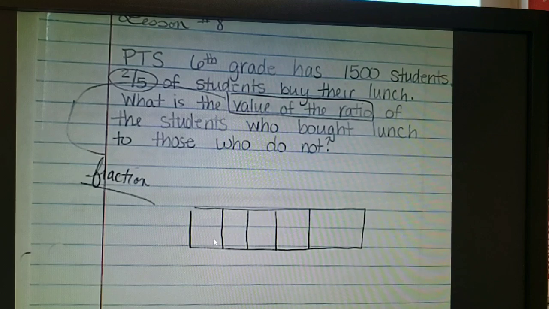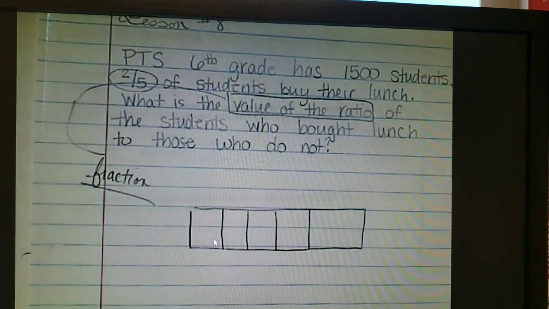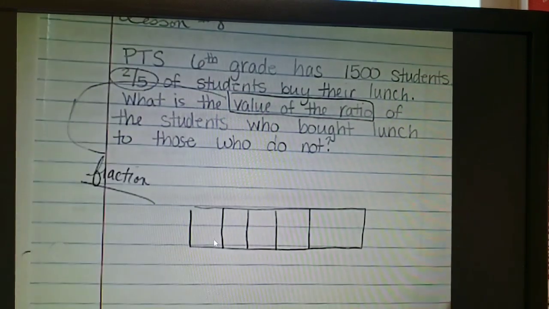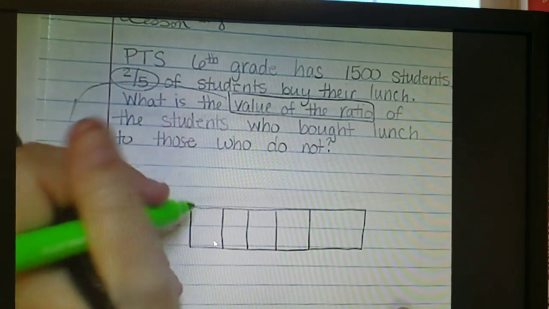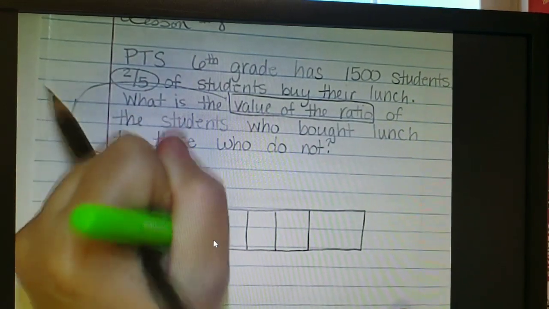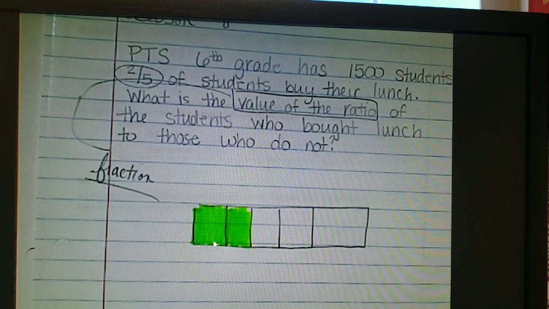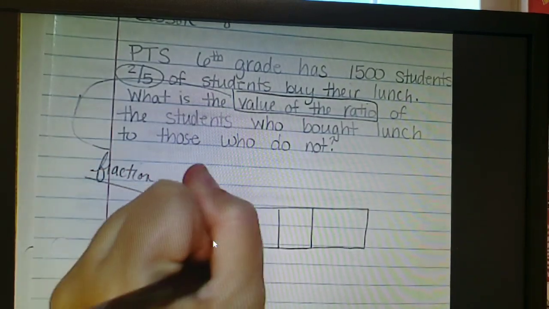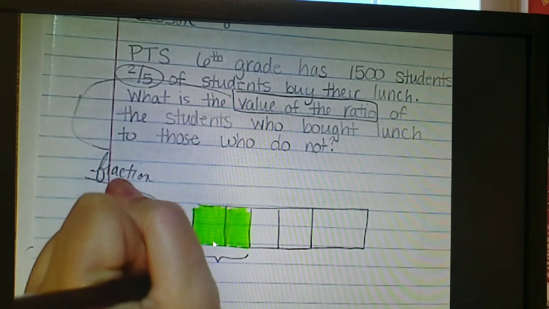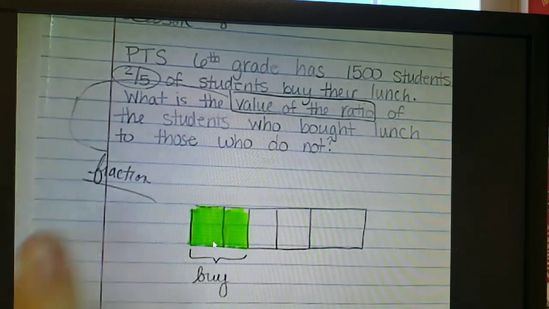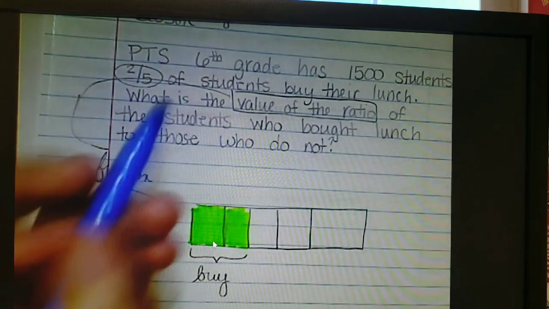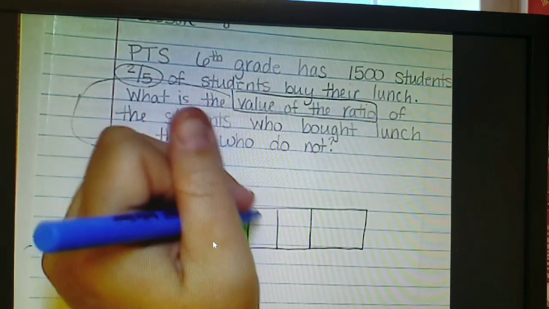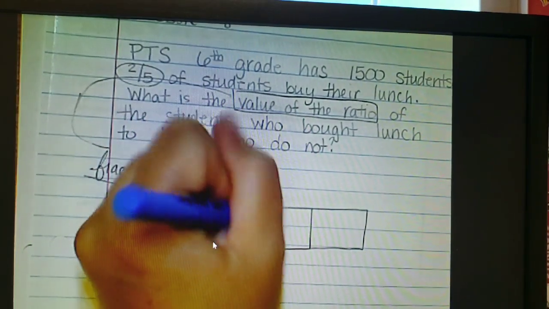Okay. We also know that 2/5 of it buy their lunch. Okay. So this is our buy lunch. Okay. And this is our bought lunch.